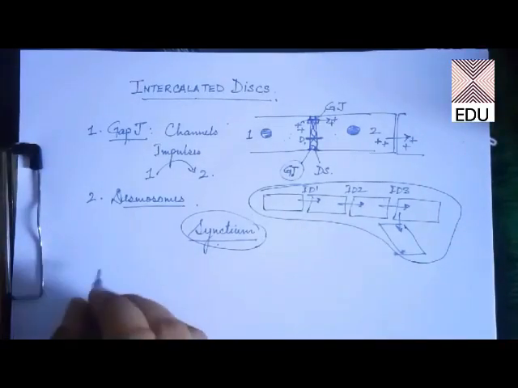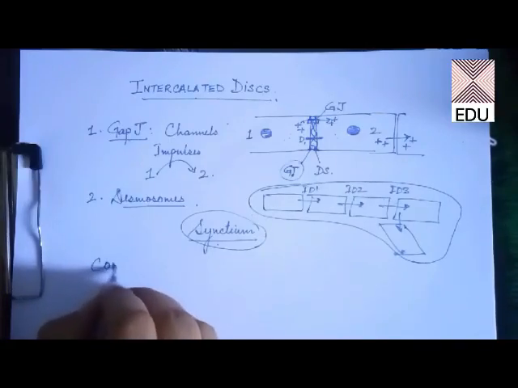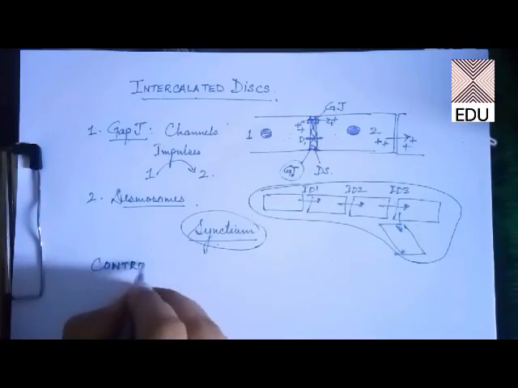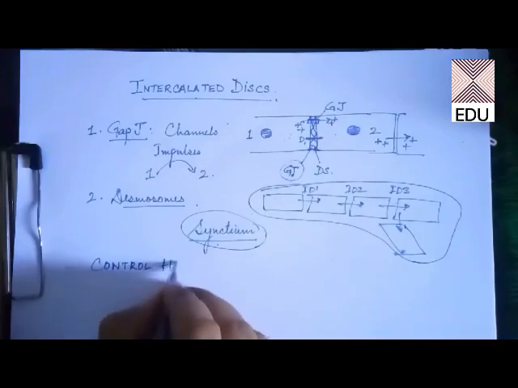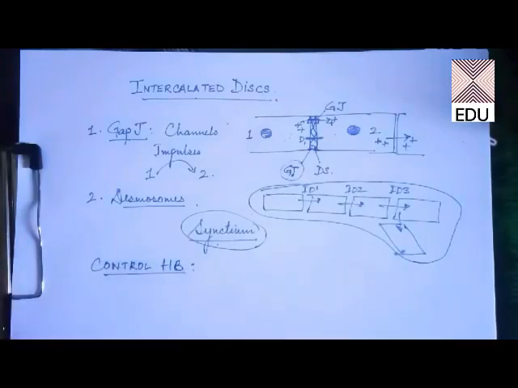The next thing is the control of the heartbeat. How is the beat of the heart controlled? As we all know, we cannot control the heartbeat, as all the muscles are involuntary in nature.